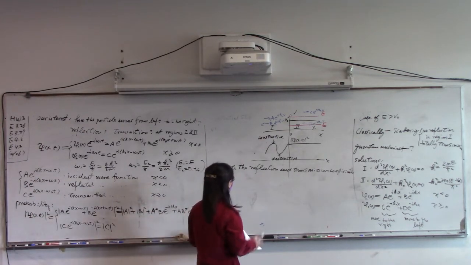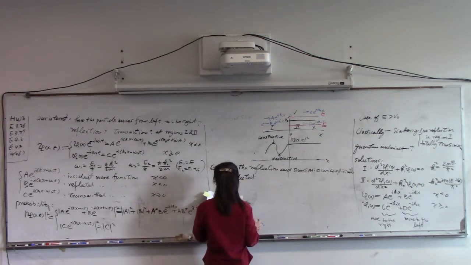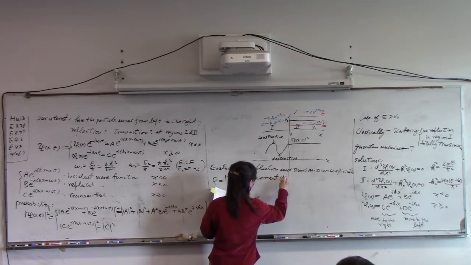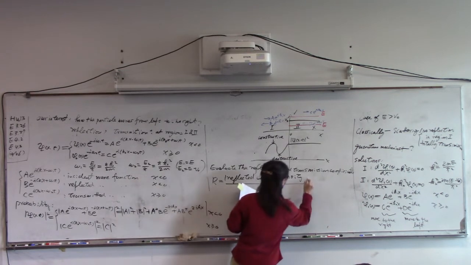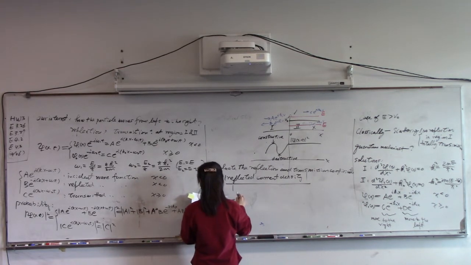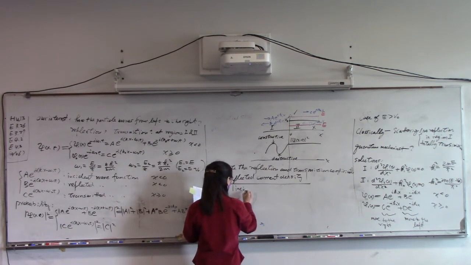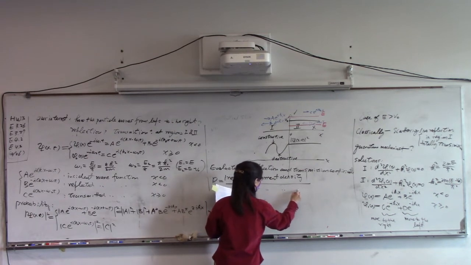Let's see here, reflected current density divided by incident, right? That is the definition of how much is reflected relative to the total incident current density.